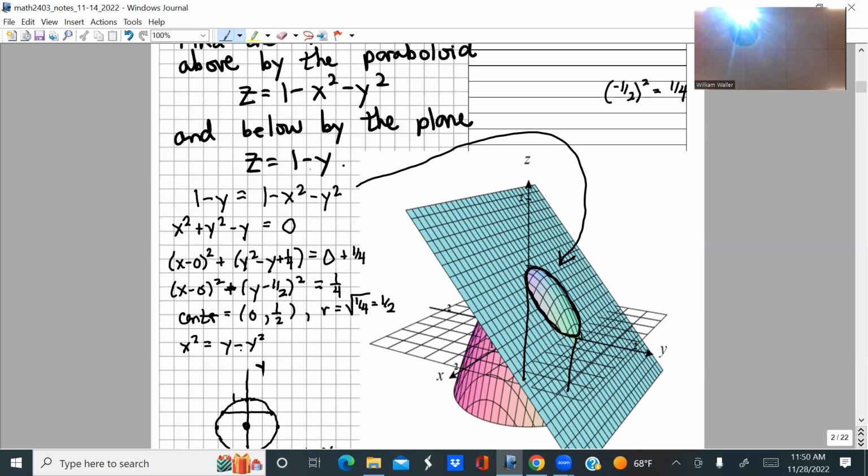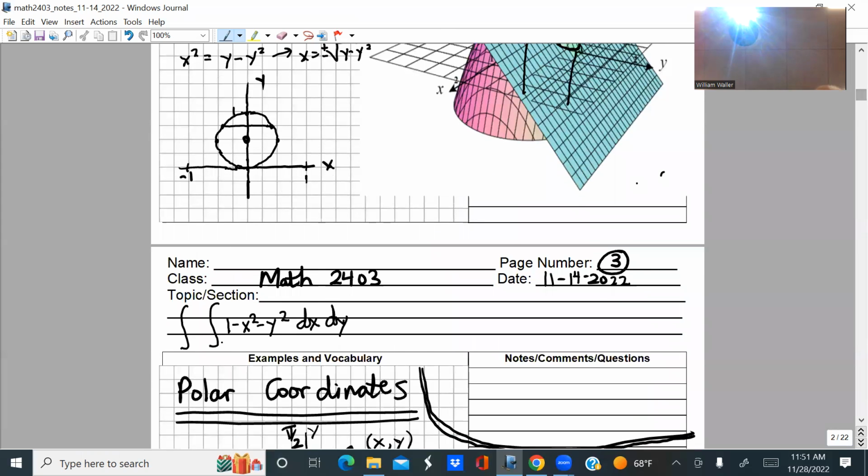Oh, that's nicer, right? And so that means that x is going to be plus or minus the square root of this. So that doesn't look so bad. On this side, this is minus the square root of y minus y squared. On this side, this is plus the square root of y minus y squared. So there are my inner limits of integration: minus square root of y minus y squared, and then positive square root of y minus y squared.